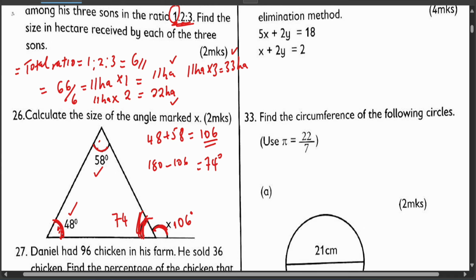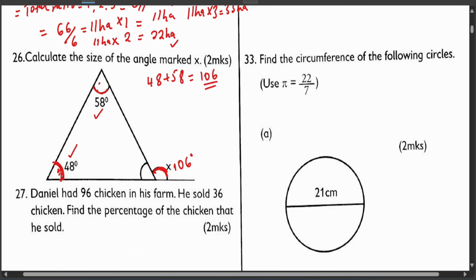So 74 ukiadd na ile exterior yafaa ikupe 180. So tena utachukua 180 minus 74, which is 106. So why the long struggle when you can just do this? 48 plus 58 gives you 106.